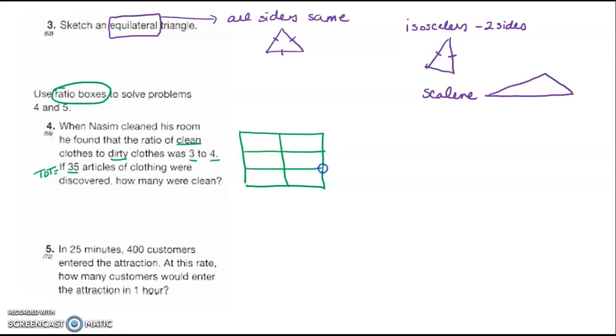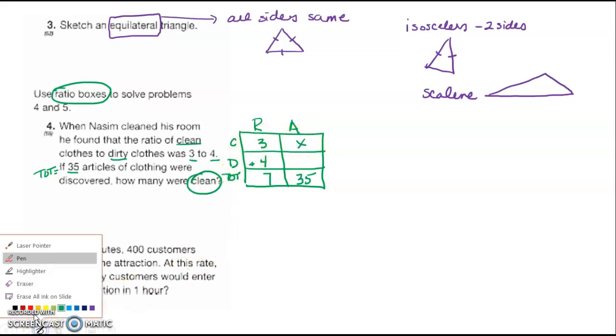We are going to need a total here because it did give us a total in articles of clothing. So I have my ratio and my actual of clean to dirty is 3 to 4. I'm going to add that and get 7. My total articles of clothing is 35. And what am I looking for? How many were clean? So I'll put the X there.